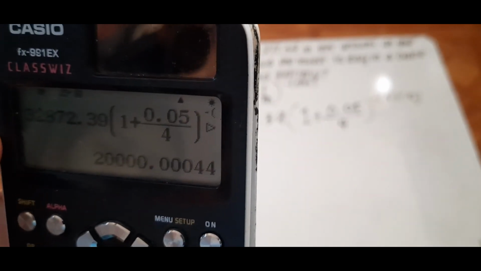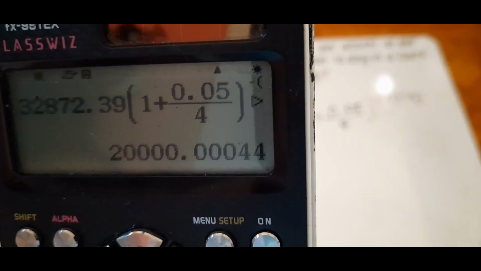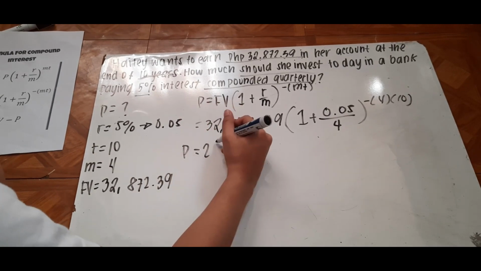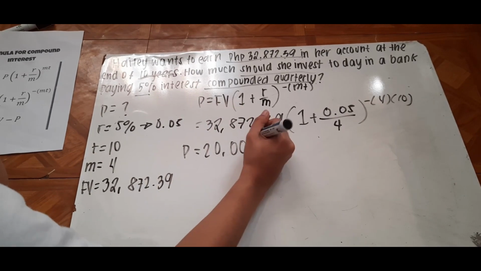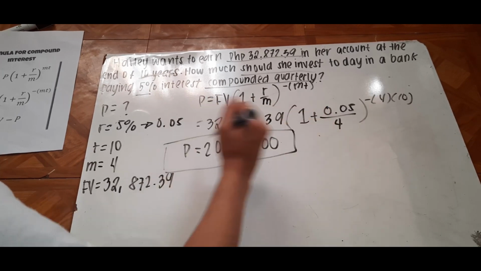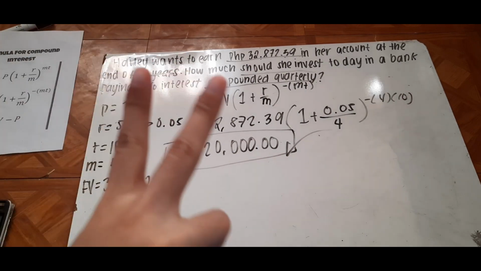It would be 20,000.00004. And since we're going to get only 2 decimal places, it's going to be 20,000.00. So the principal is 20,000.00. And this is the final answer for question number 2.